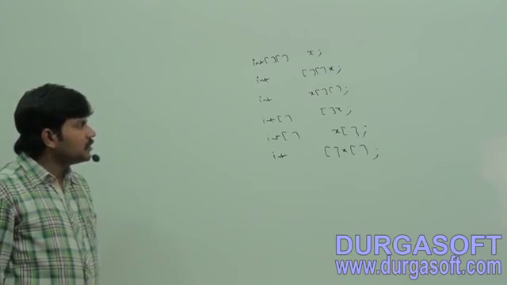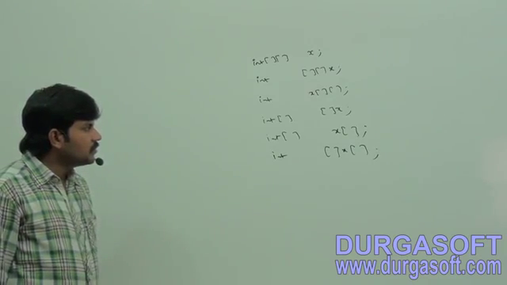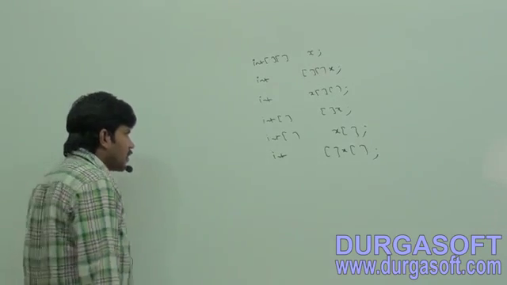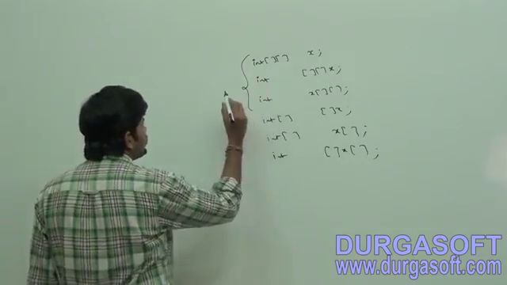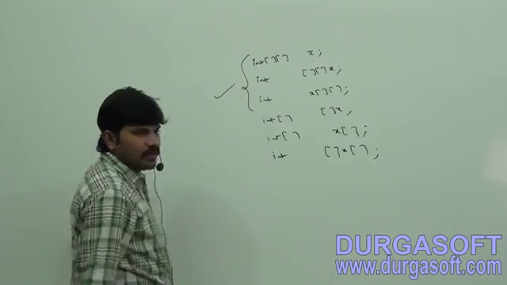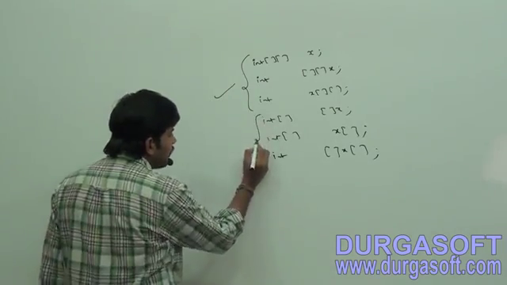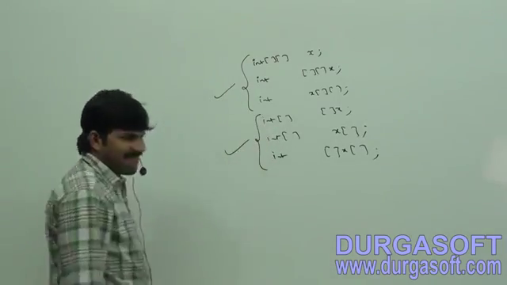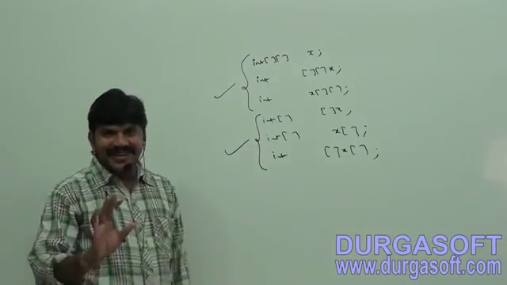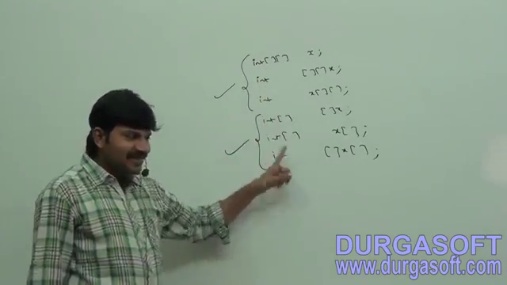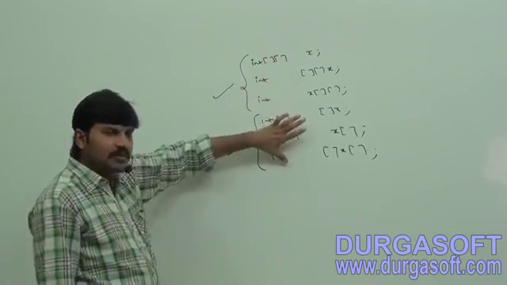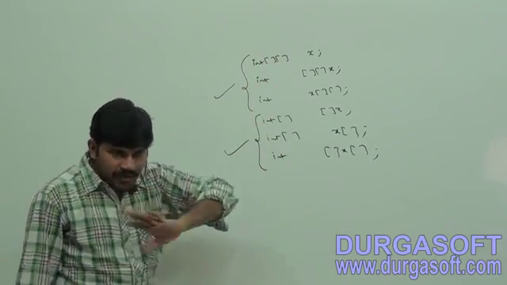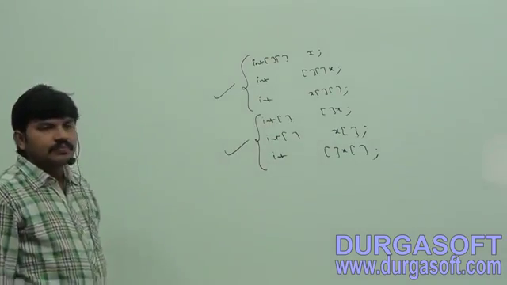First, 100% correct. The first 3 are valid. Next 3 are also valid. Whether we are using or not using, all these things are valid. Valid two-dimensional arrays only. First 3, next 3 also, all are valid. Don't keep any doubt, take all.